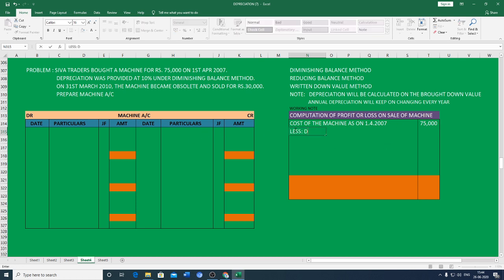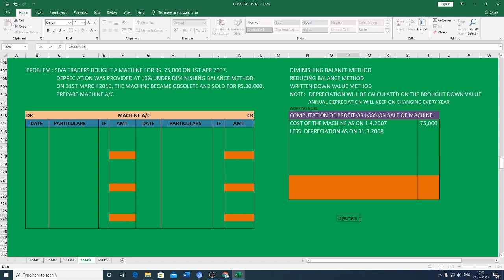So less depreciation as on the ending of the financial year 2007 to 8, that is 31st March 2008. The rate of depreciation given is 10%. So on this total value of the asset, that is 75,000, we should calculate 10%.